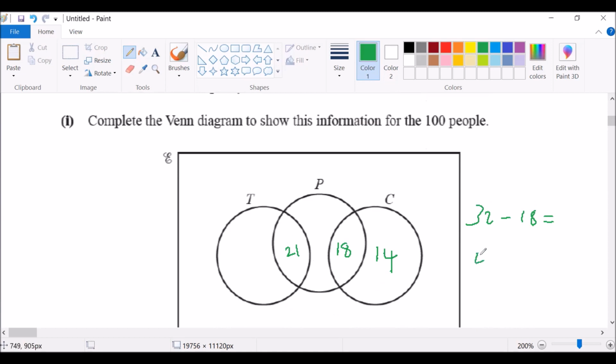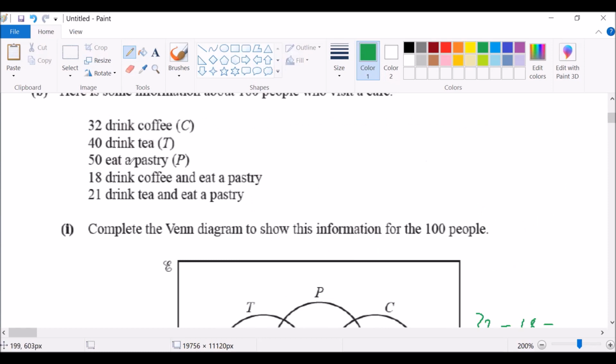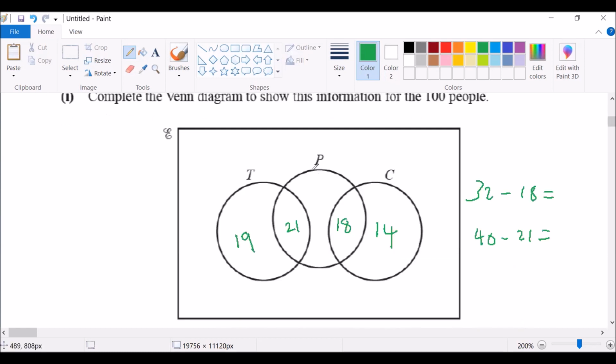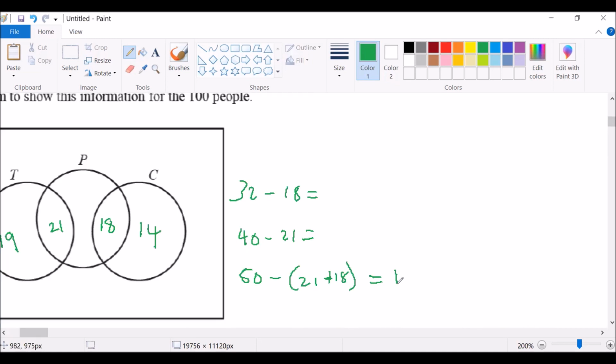So 40 minus 21, 19. So 19 in here. 19 plus 21 will give us 40. 50 eat a pastry, so the whole total here is 50. So 50 minus 21 plus 18, this will give us 11.